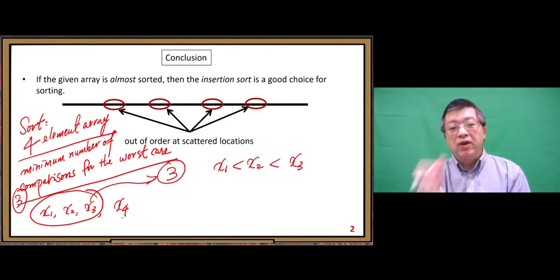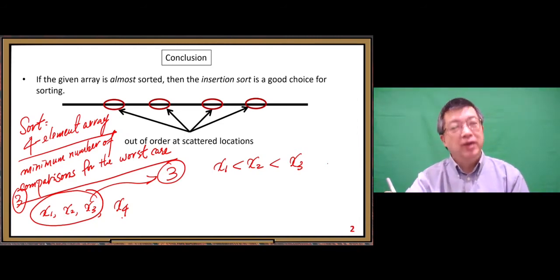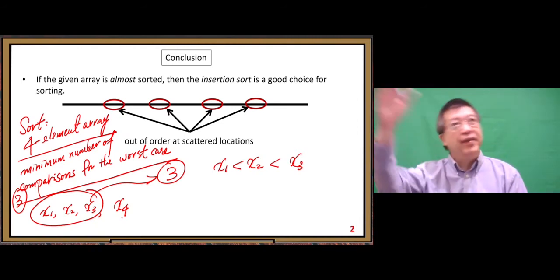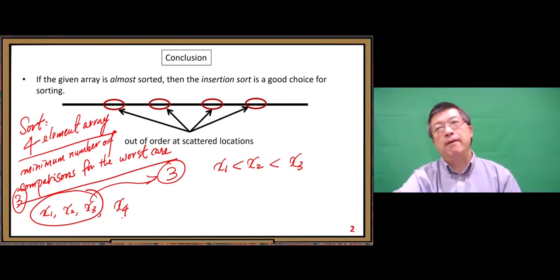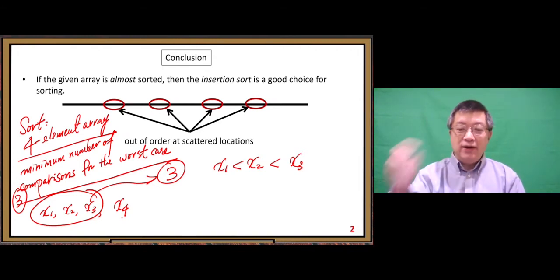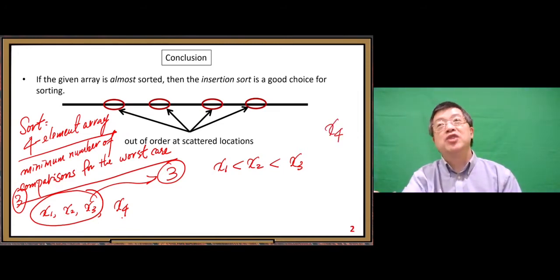Just the typical representation, right? So we assume this typical representation. Although there are other cases, they are essentially the same. Now, to insert x4 into the sorted array, what is the best way we can do?